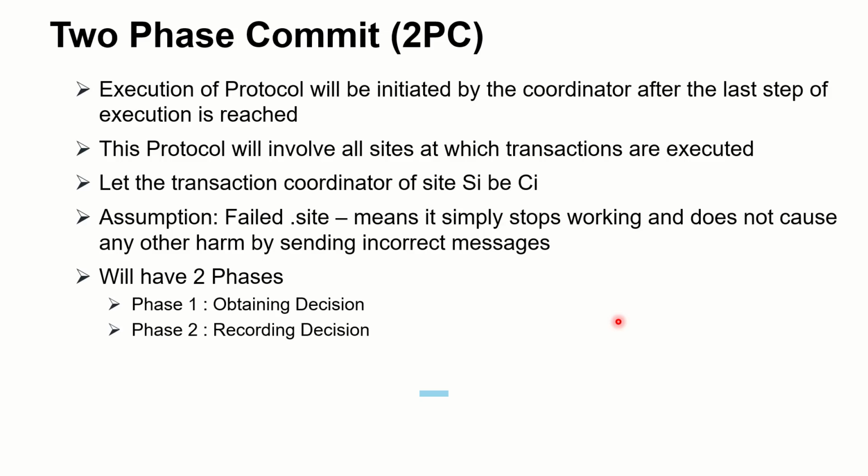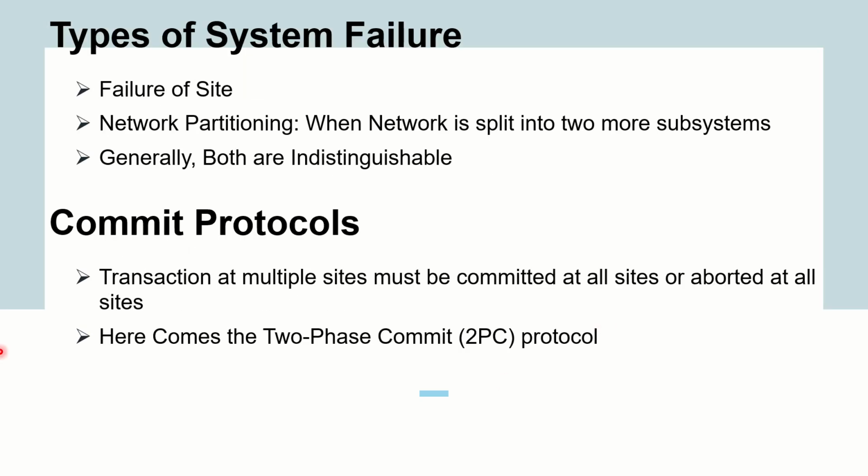We have some assumptions here, about the failure of a site. Whenever a site fails, this means that the computer has been shut down or it is not working. Not working means it is not sending any wrong messages either.